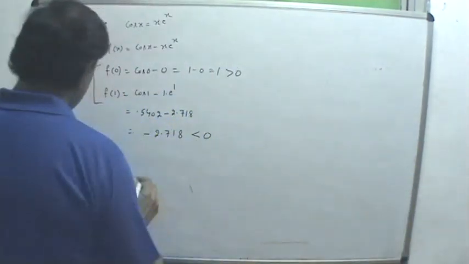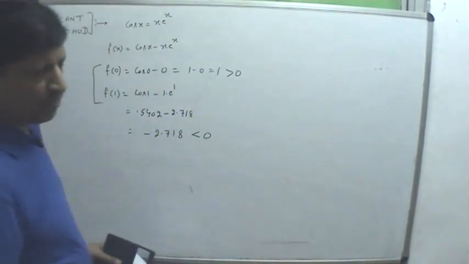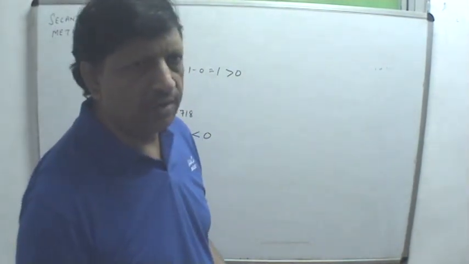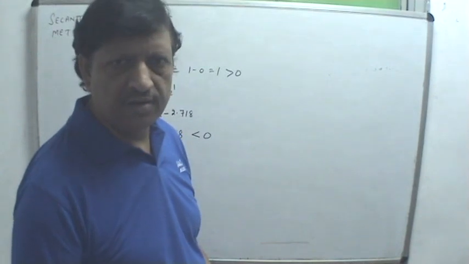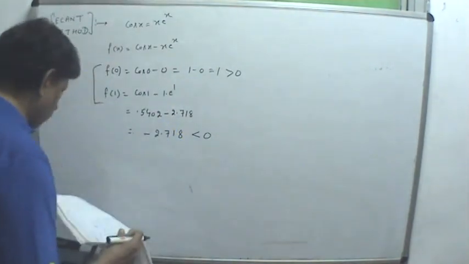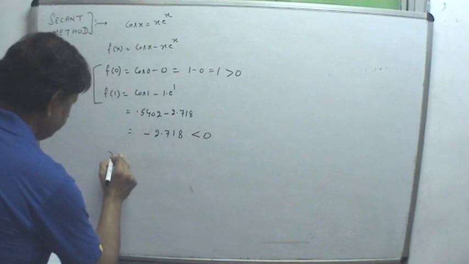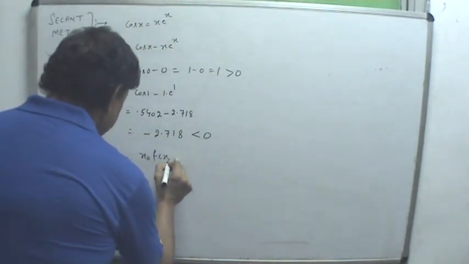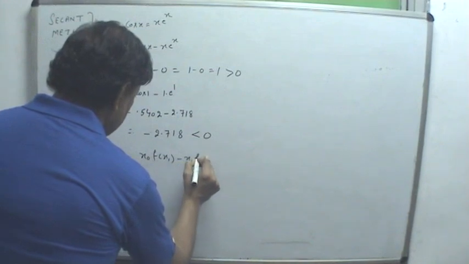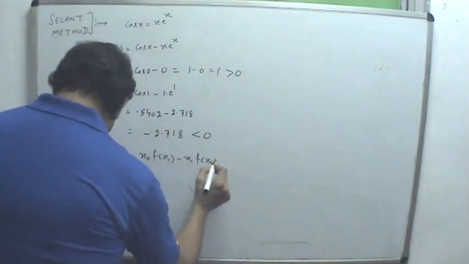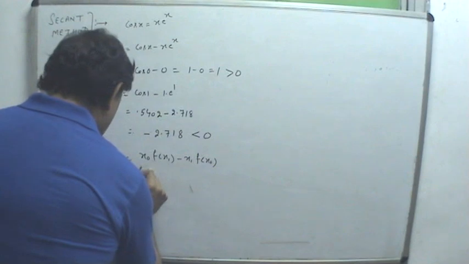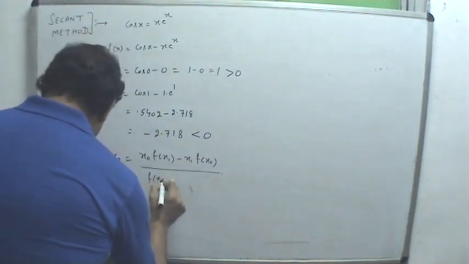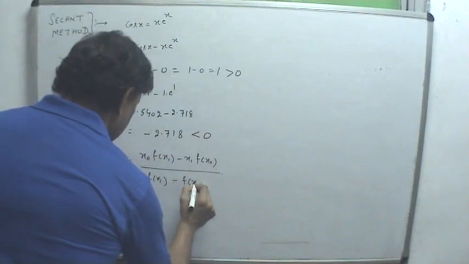Again we consider the same formula which we considered in the regular falsi method, but we differentiate this method by certain steps. Here the formula is x2 is equal to x0 into f of x1 minus x1 into f of x0, divided by f of x1 minus f of x0.